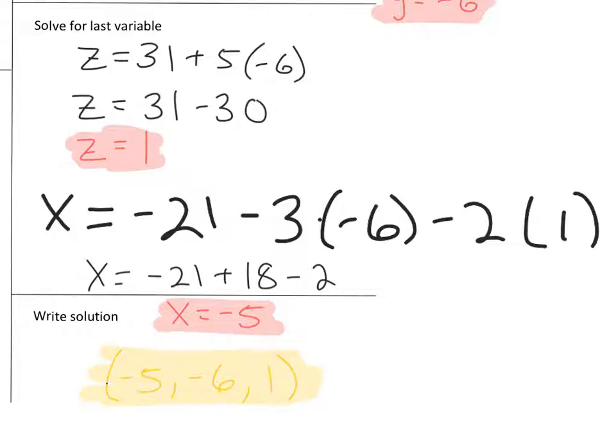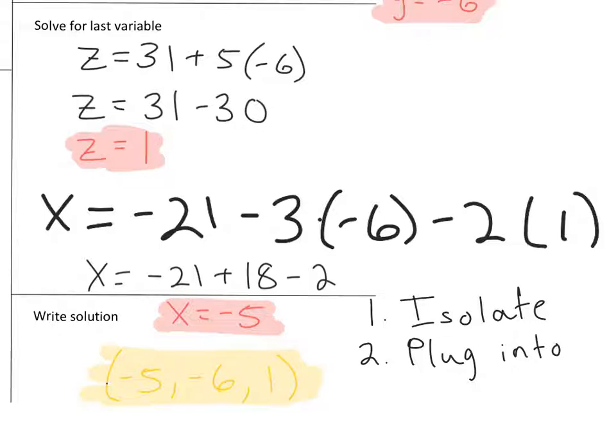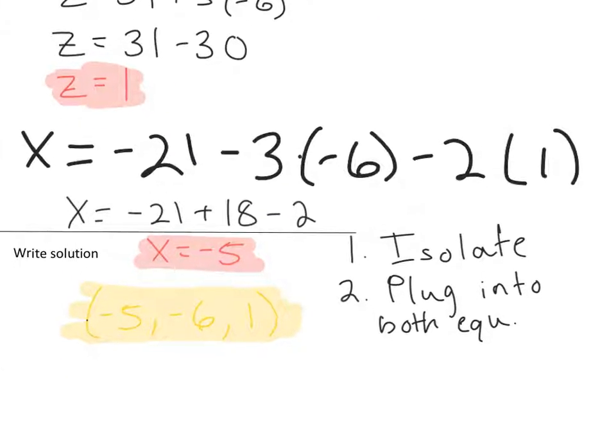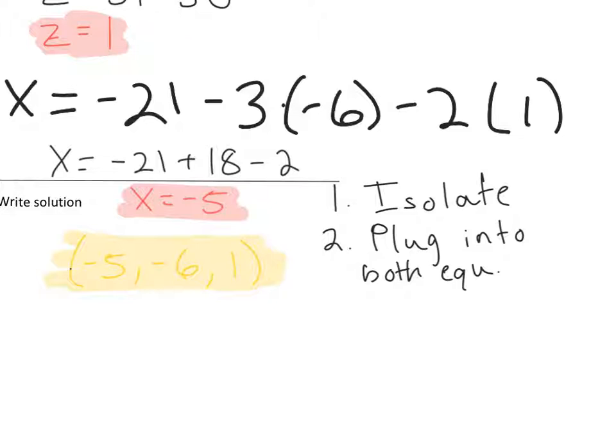So the main things to remember walking away from this: number 1, isolate. Make sure you isolate. And then 2, plug into both equations. And then after you're done doing that, you're going to repeat the process.